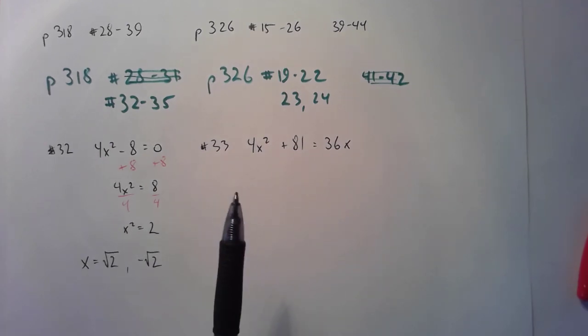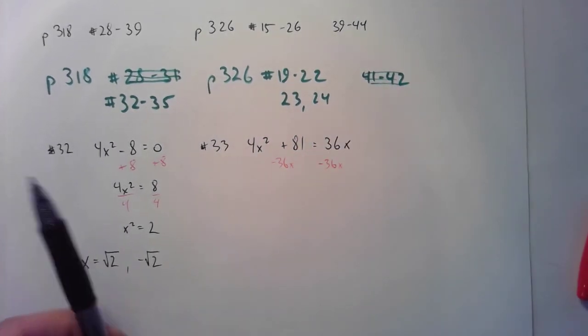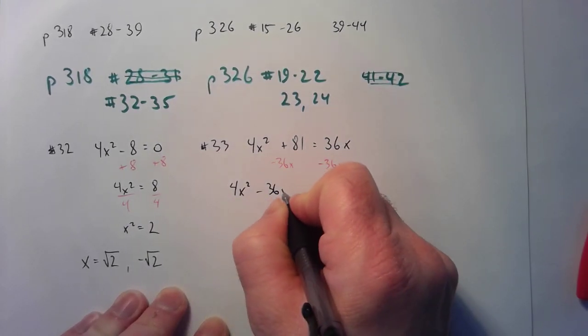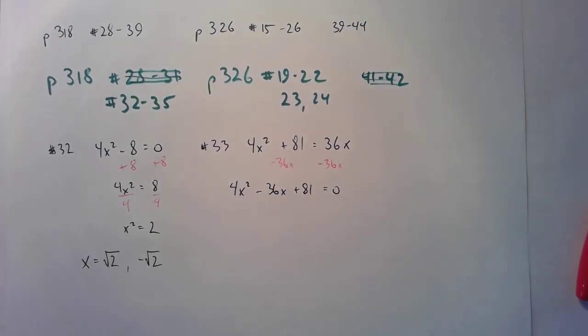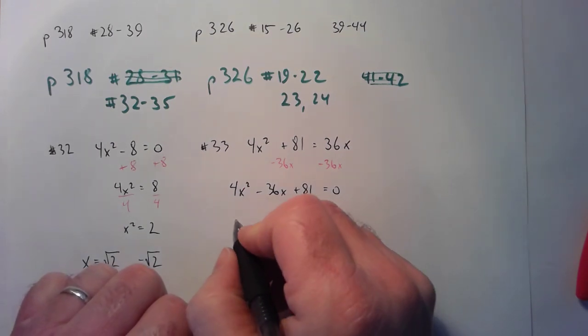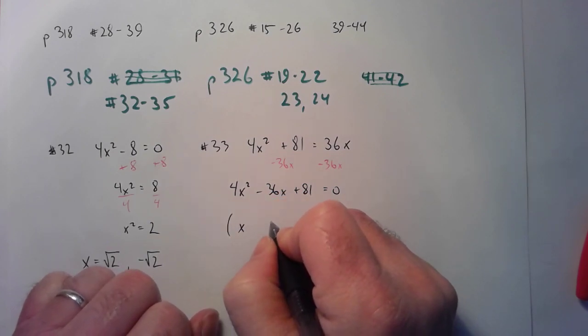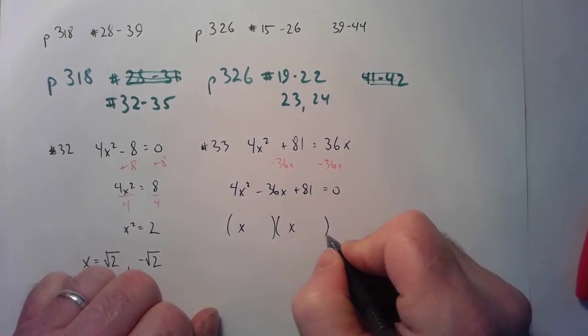So first thing I want to do is I want to turn this into standard form. That means I'm going to subtract 36x from both sides. And I want to see if this is factorable, because I've got 4x squared minus 36x plus 81 equals 0. So in order for this to be factored, I'm going to need to come up with some options, because usually the way that factored things go is it's x minus or plus something times x minus or plus something.